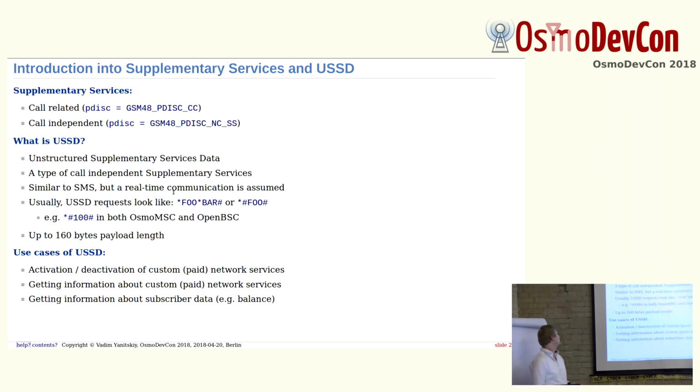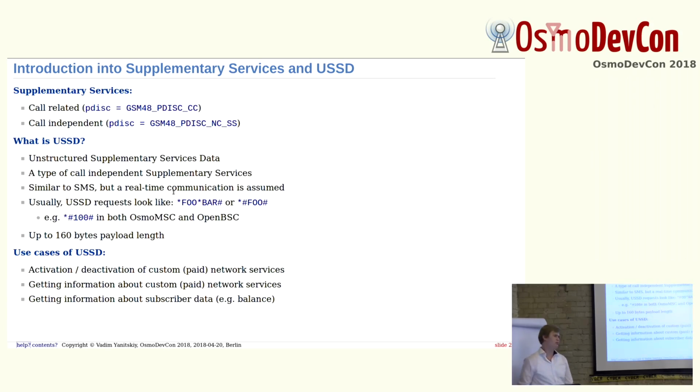This well-known code has been used for years in OpenBSC and also in the MSC. The USSD payload is limited to 160 bytes, so you can use any encoding you want.